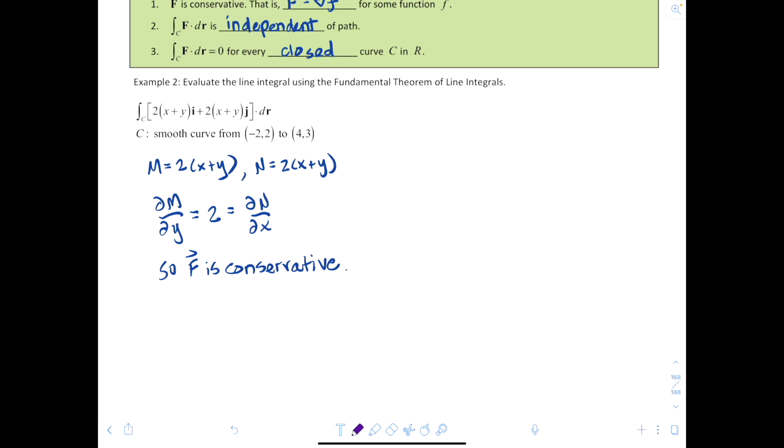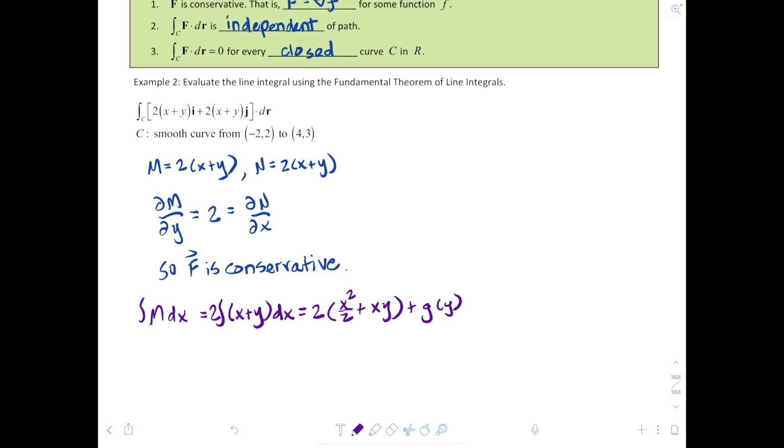So our integral of m dx, because we do need to find our potential function, right, is going to be equal to the integral of 2 times x plus y with respect to x, which is 2 times x squared over 2 plus xy plus some function of y.